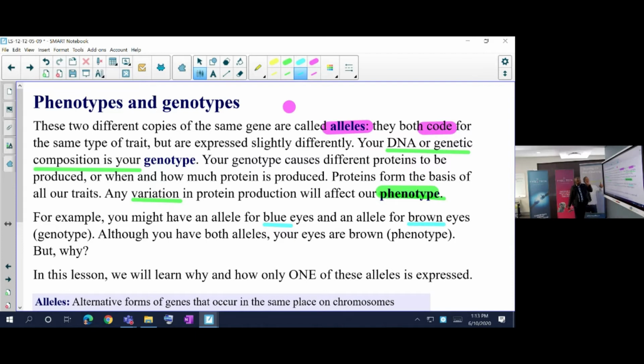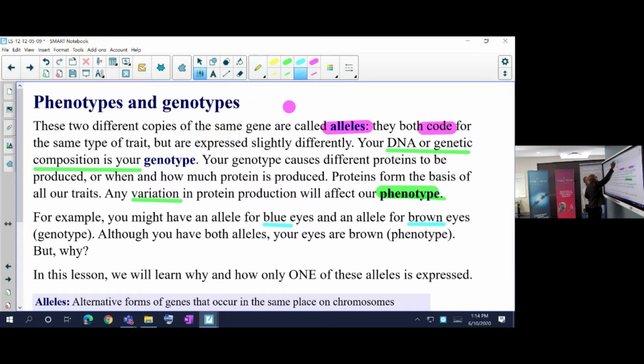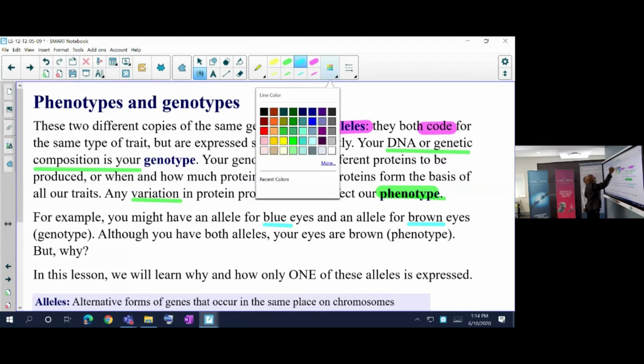So although we have both alleles, your eyes are brown. The question asks why. I'm carrying both the genotype for brown and for blue. But what do we see? As an example, let me highlight it. We see, do I have brown? I'm sure I do have brown. Let's pick brown.